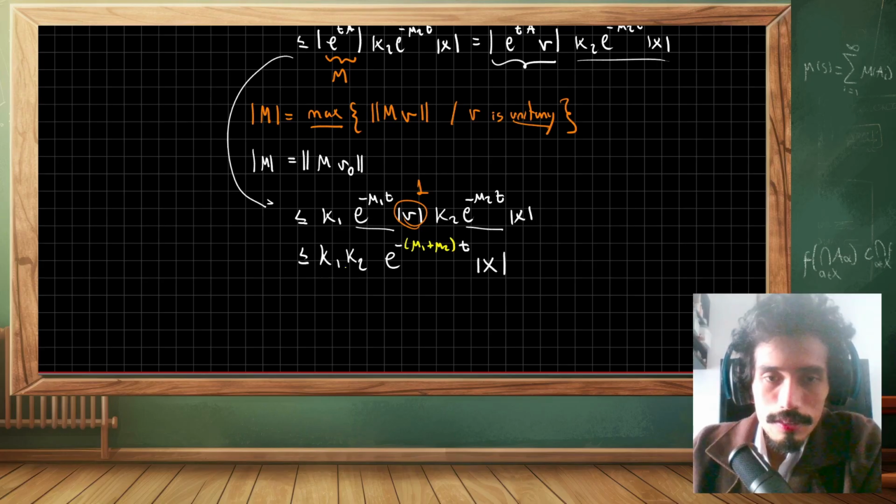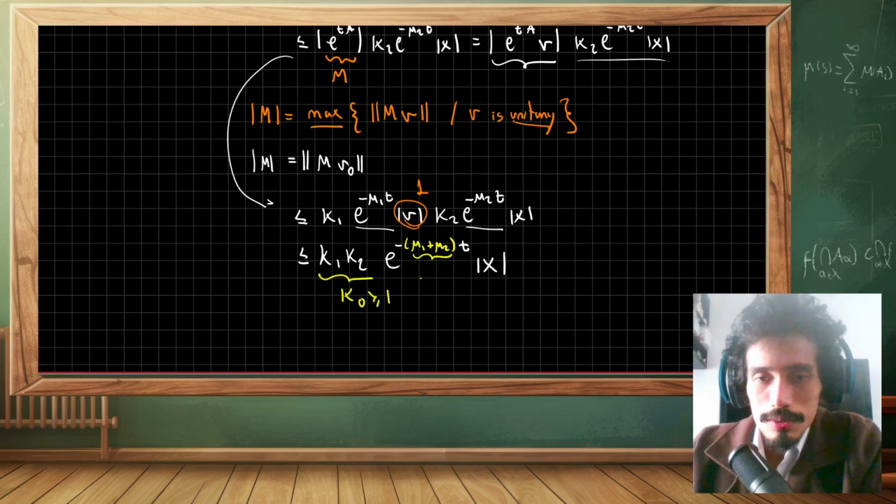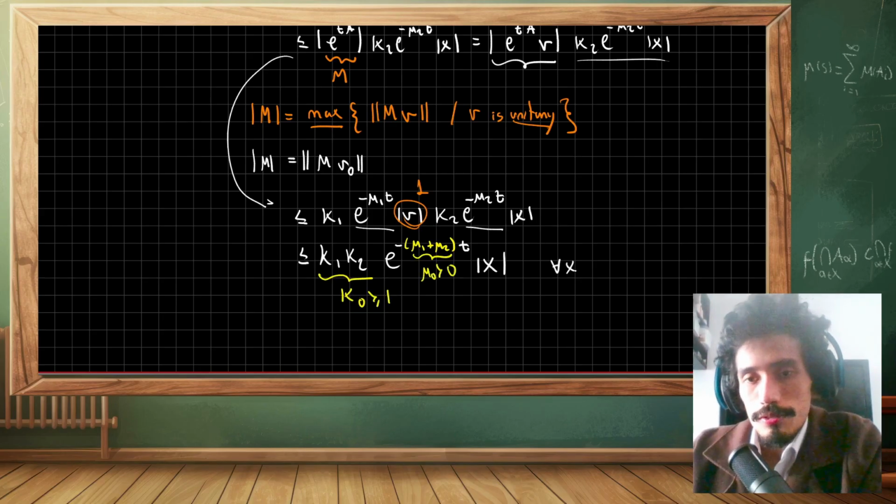Since k1 and k2 are more or equal than 1, then we can call this k0, which is also more or equal than 1. And these two terms are positive, so their sum is also positive. And this holds for every x and for every t that is non-negative.